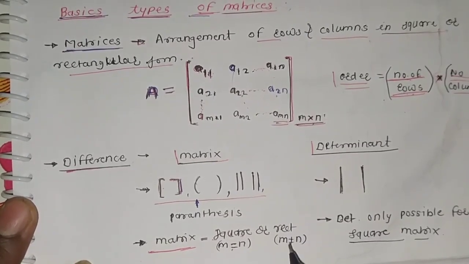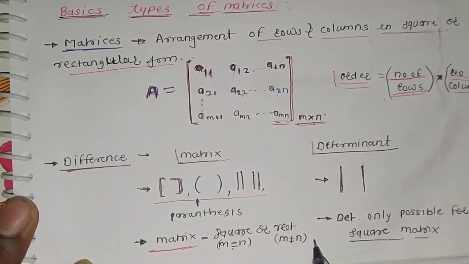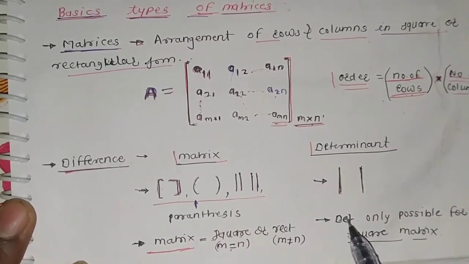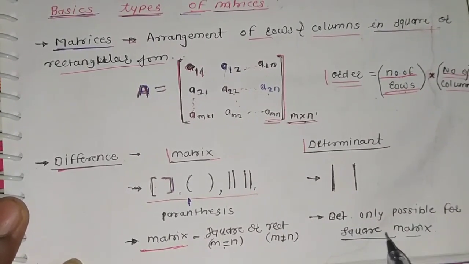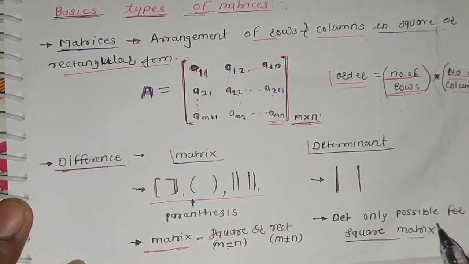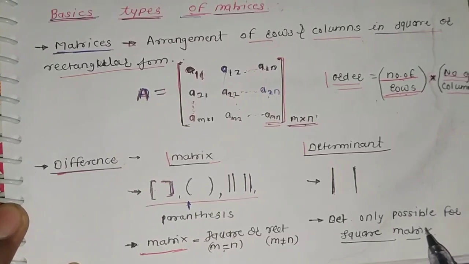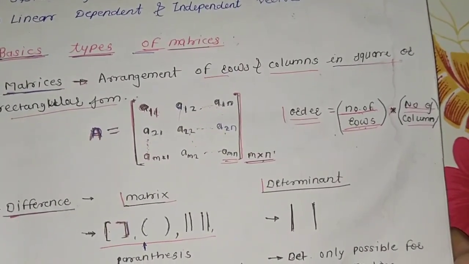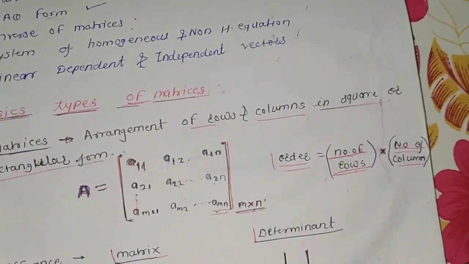In a rectangular matrix, the number of rows is not equal to the number of columns. Determinant is only possible for a square matrix. If the matrix is rectangular, then there will be no determinant.